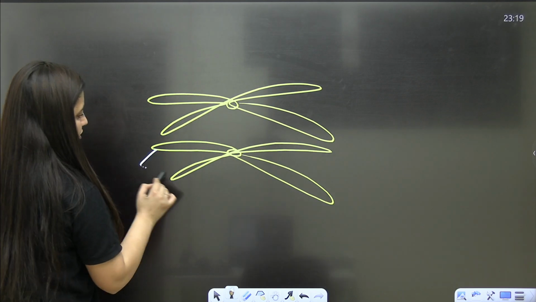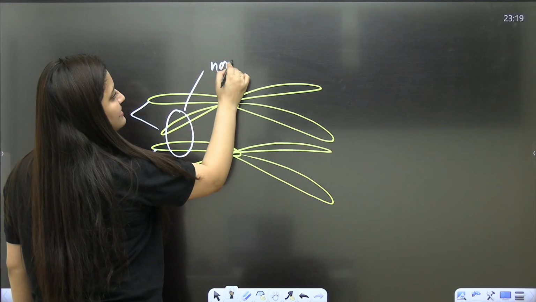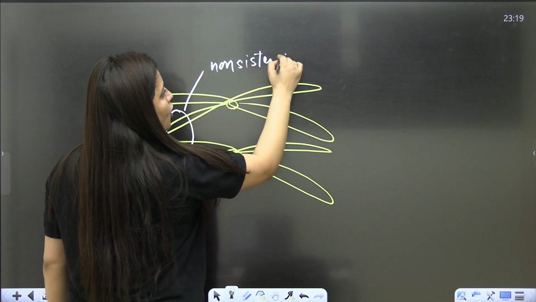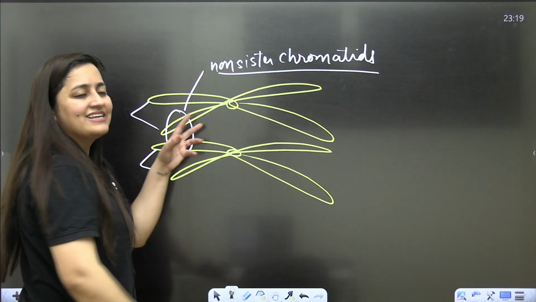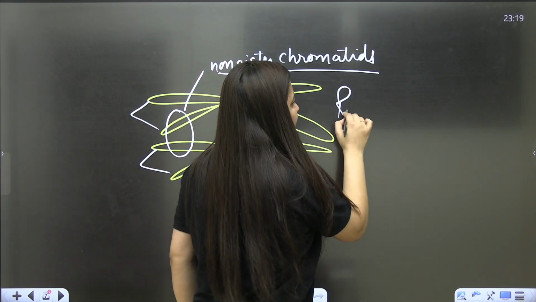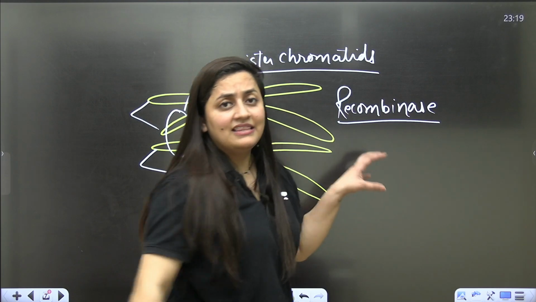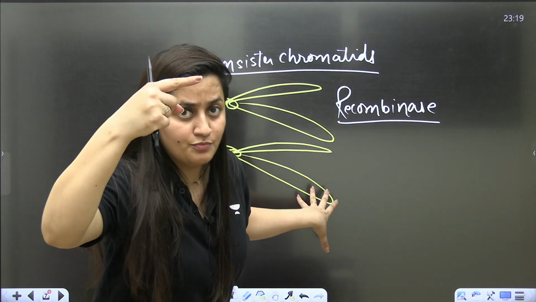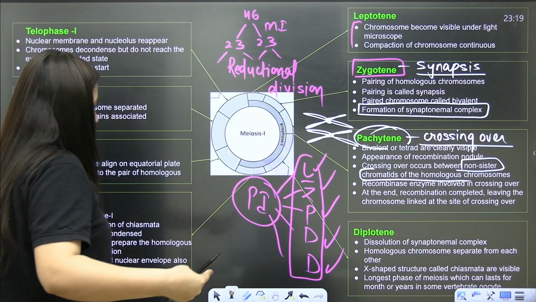These two are sister chromatids, these two are sister chromatids, but these two are non-sister chromatids. Non-sister chromatids of the homologous pair will exchange their segments, and the enzyme recombinase is going to play the role here. That's what you need to remember, and that is responsible for the variation. Mutation and recombination, that is your crossing over, are responsible for the variation.